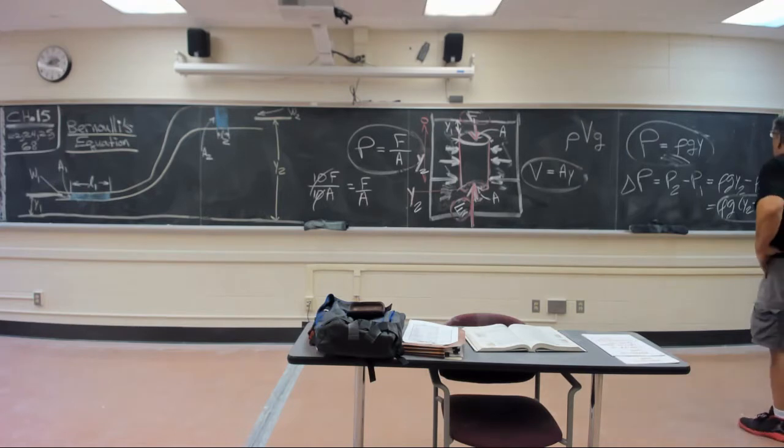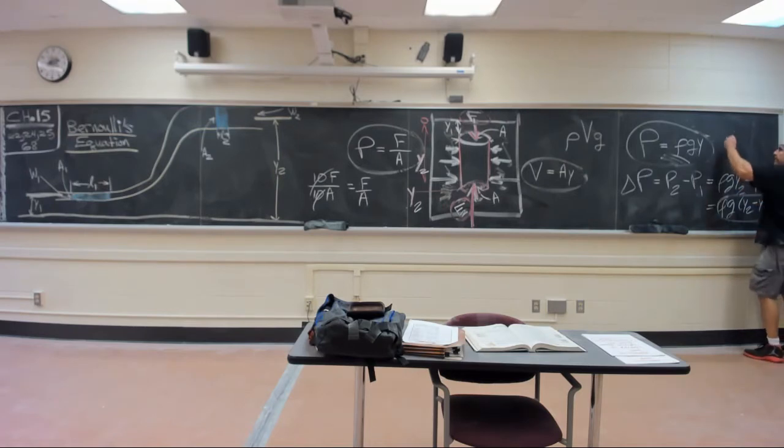So what is going on here? Well, you could say this a bunch of ways. I guess you could say rho g y, that's P. What's the buoyant force going to be?